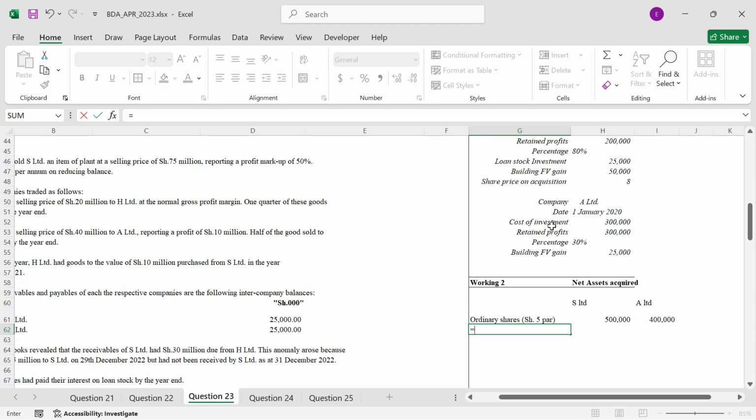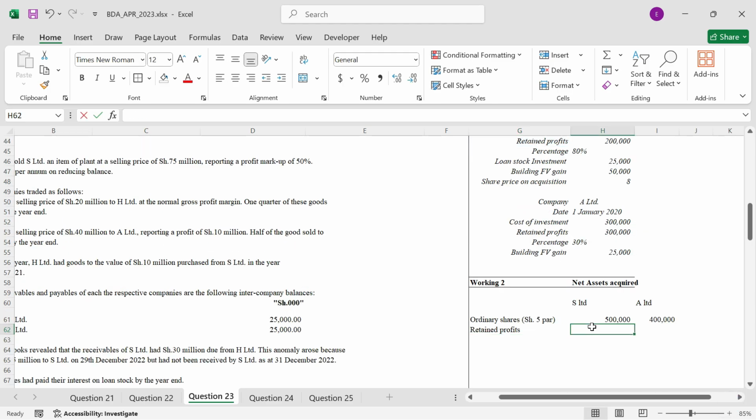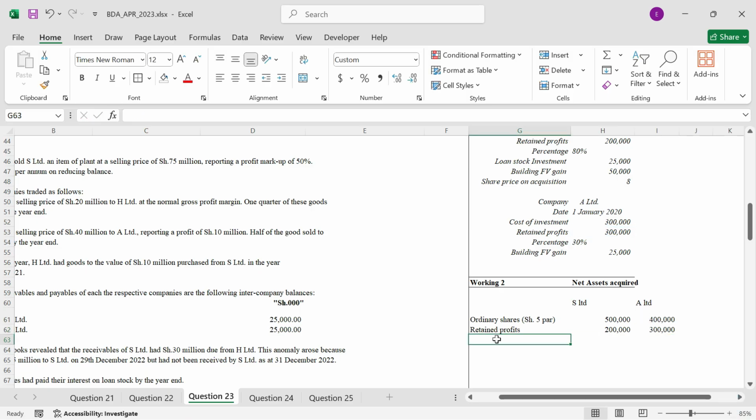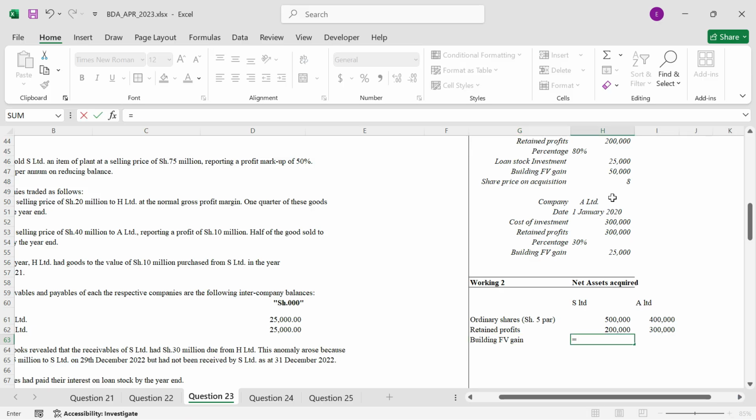We had the retained profits on acquisition: S had 200,000, A had 300,000. Then we had the building fair value gain, where S had 50,000 and A had 25,000.